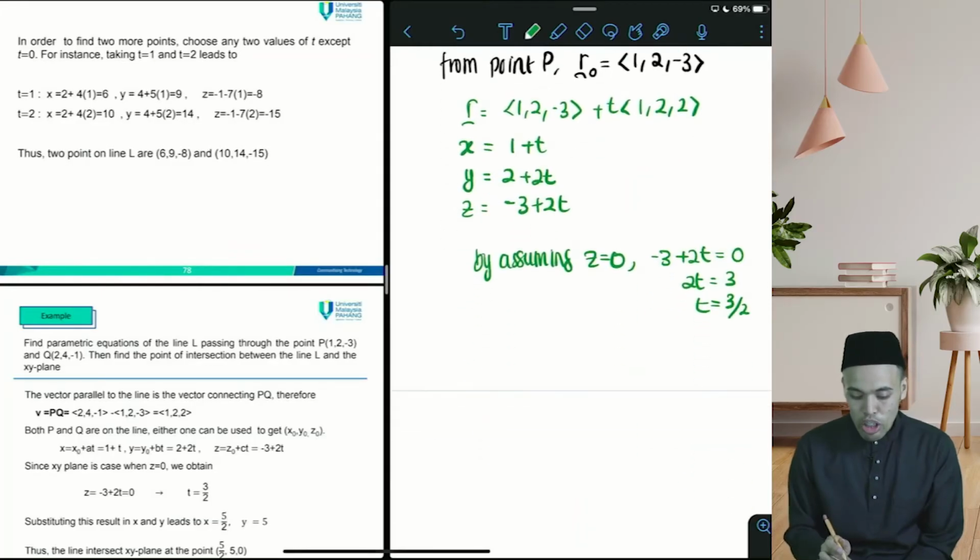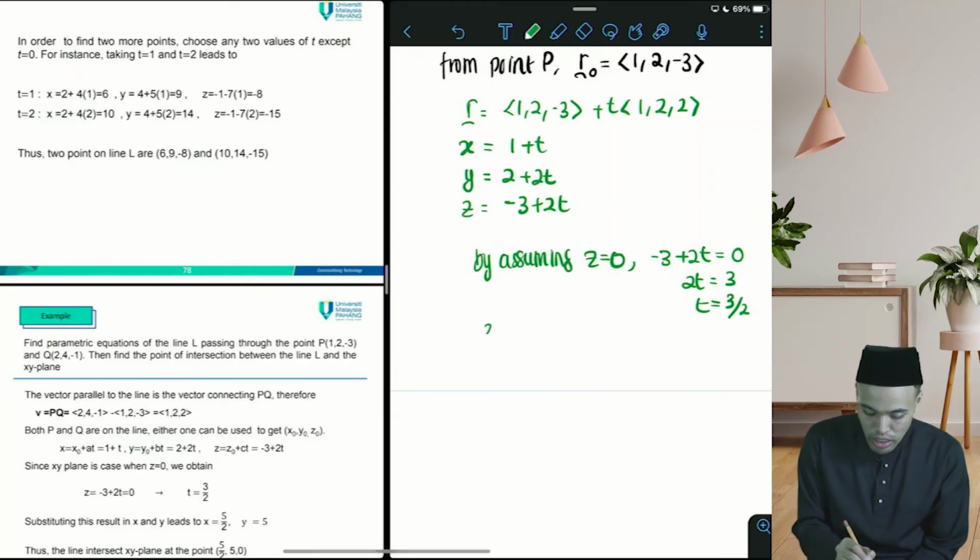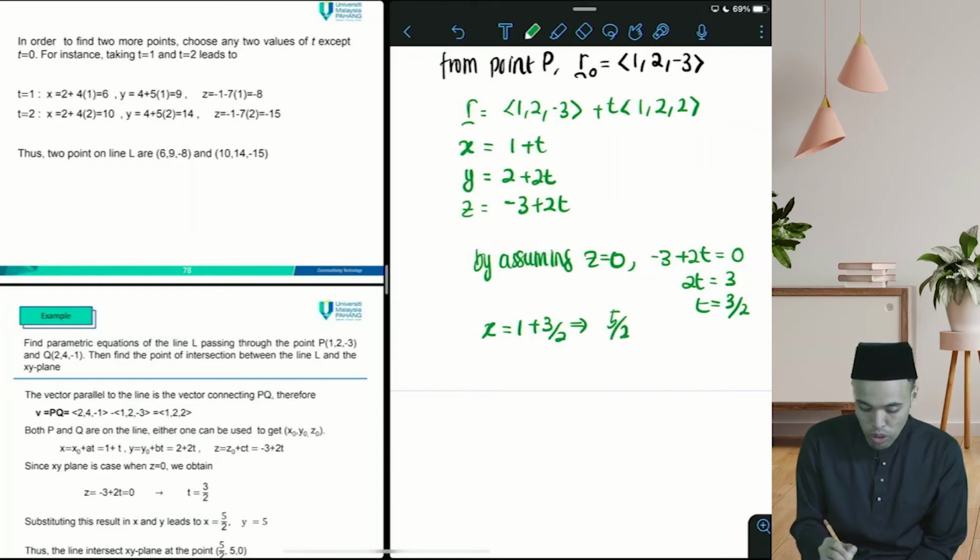Right after you know the value of t, you can substitute t equal to 3 over 2 into the parametric equations of x and y to determine the x coordinate and y coordinate. In this case, x is equal to 1 plus 3 over 2, and your final answer would be 5 over 2.